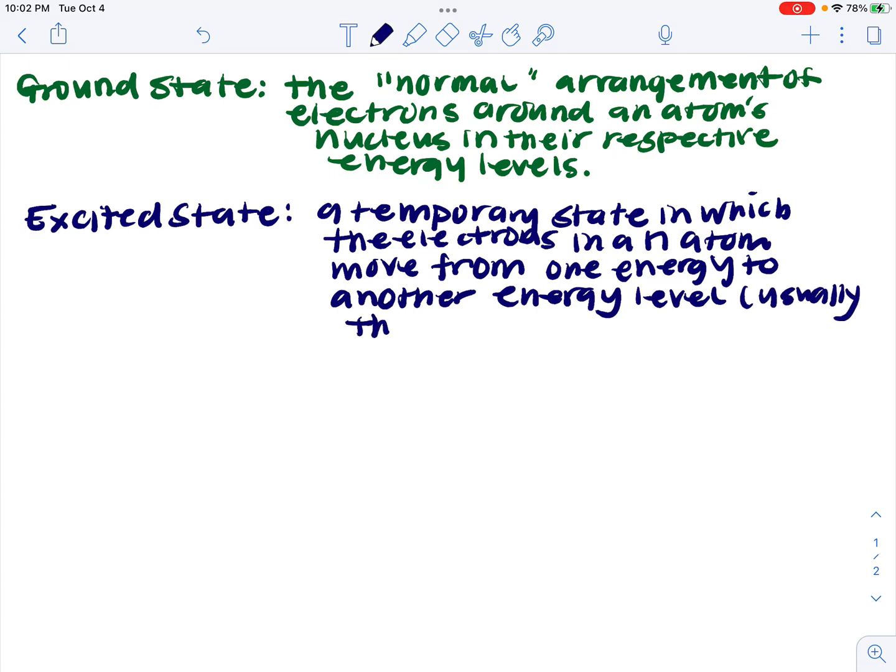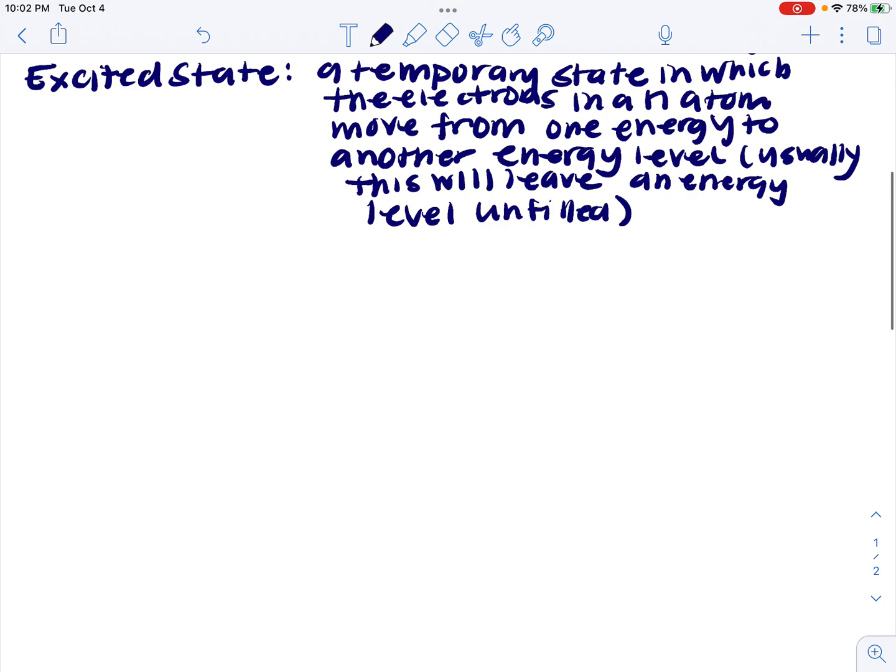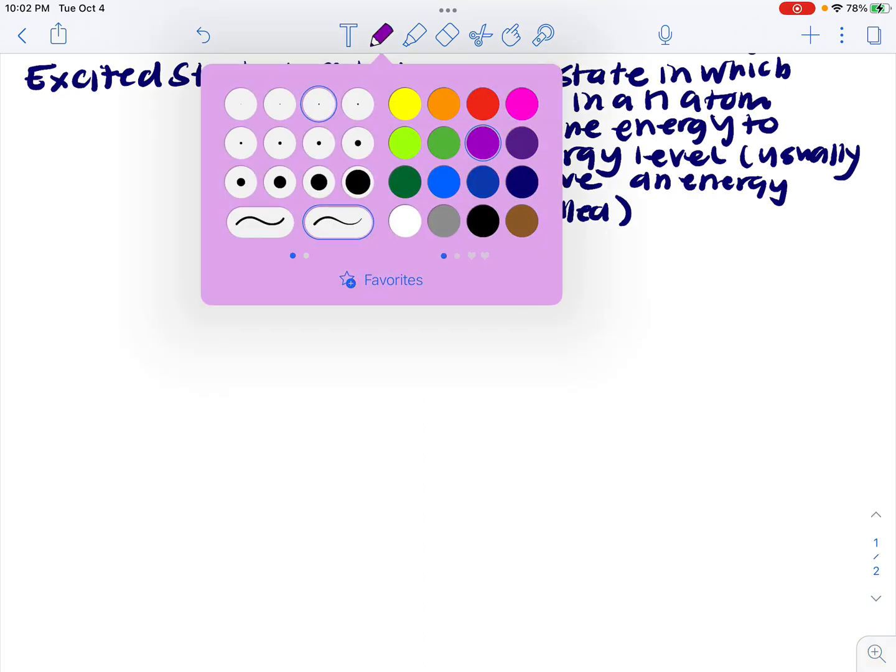And usually, this will leave an energy level unfilled.